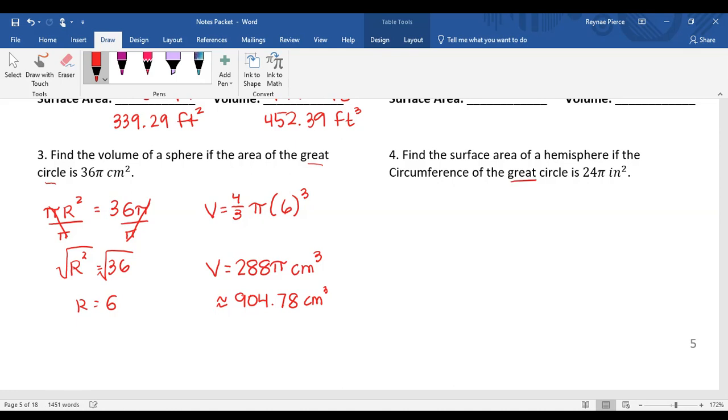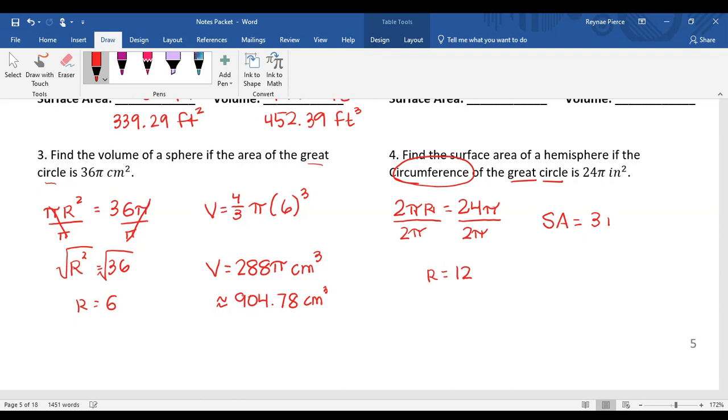Again, great circle. We've got the circumference now. Circumference is 2 pi times the radius. So we're going to set that equal to the circumference we're given. When I divide both sides by 2 pi, that tells me my radius is 12. And we want surface area of a hemisphere.